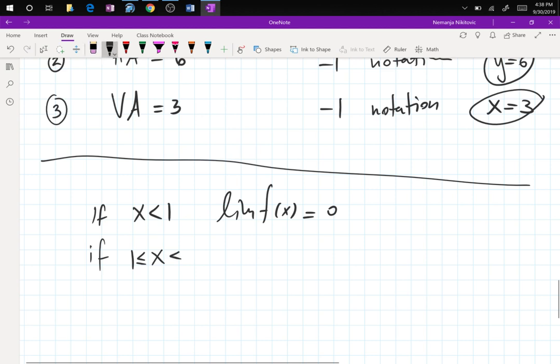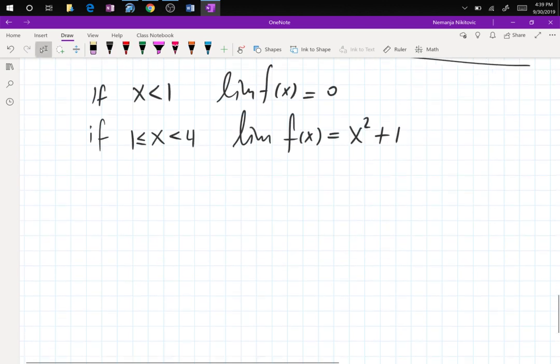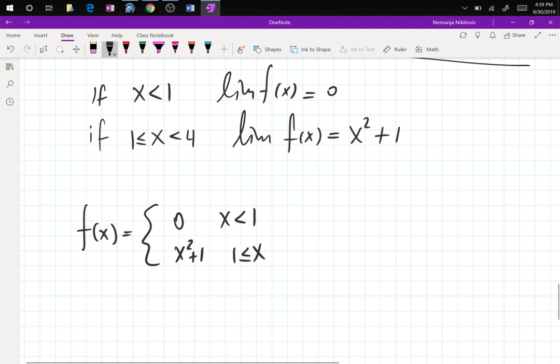And it was asking what is the limit as x approaches 1 from the left, and what is it from the right? Now I understand. Okay, so this is not the way to write the problem. The problem should be written like f of x is equal to 0 for x less than 1, and x squared plus 1 when x is between 1 and 4. What is the limit as x goes to 1?